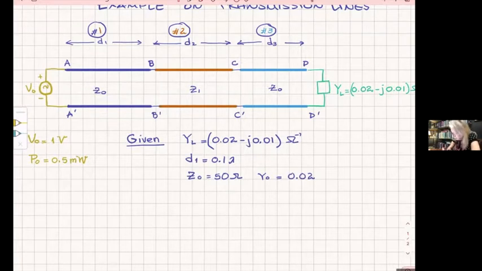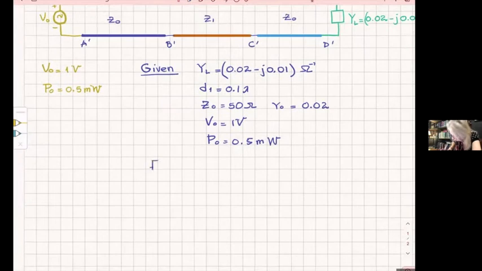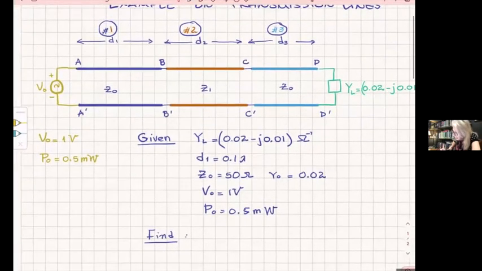And what else did I give you? I gave you that V naught is 1 volt. And I gave you that P0 is 0.5 milliwatts. And then find D2, D3, and Z1.